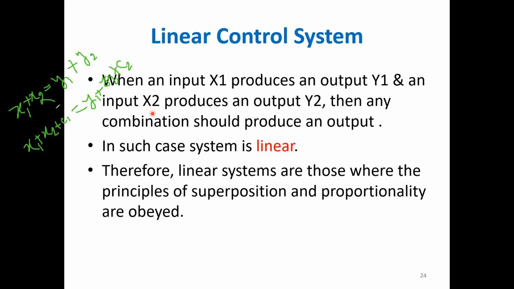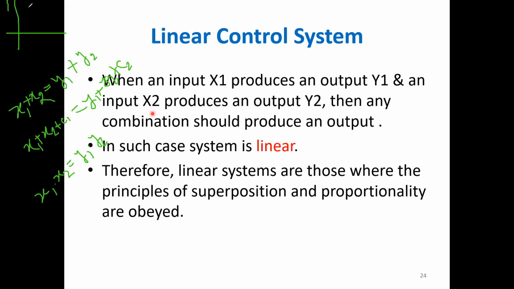This kind of thing is known as superposition. Or if x1 into x2 gives y1 into y2, this kind of system is called a linear system. It changes linearly.